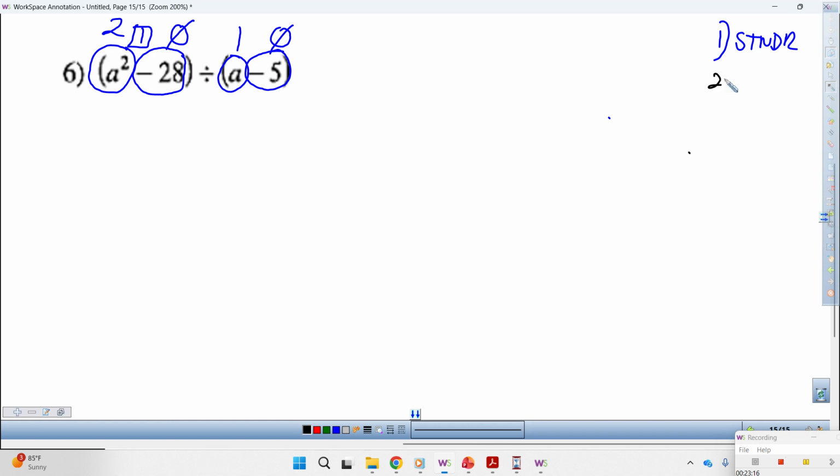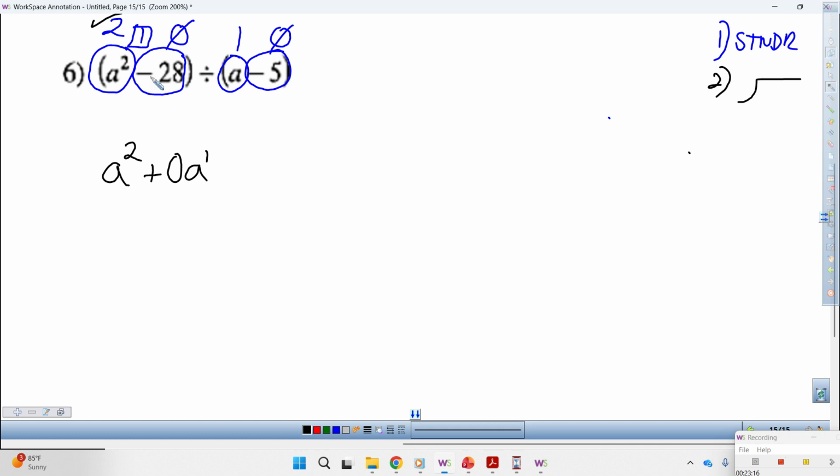Step 2, set up our division. Start off with the highest degree. Highest degree is 2, so we write 8a to the 2nd. Check off the number 2. What's the next degree? So hold on. First degree, is that correct? So we're missing, so I'm going to put plus 0a to the first power.